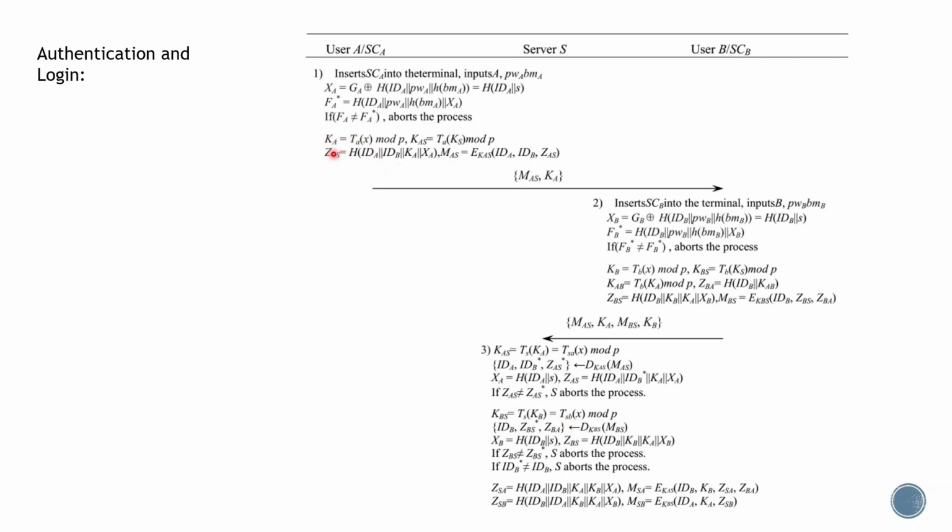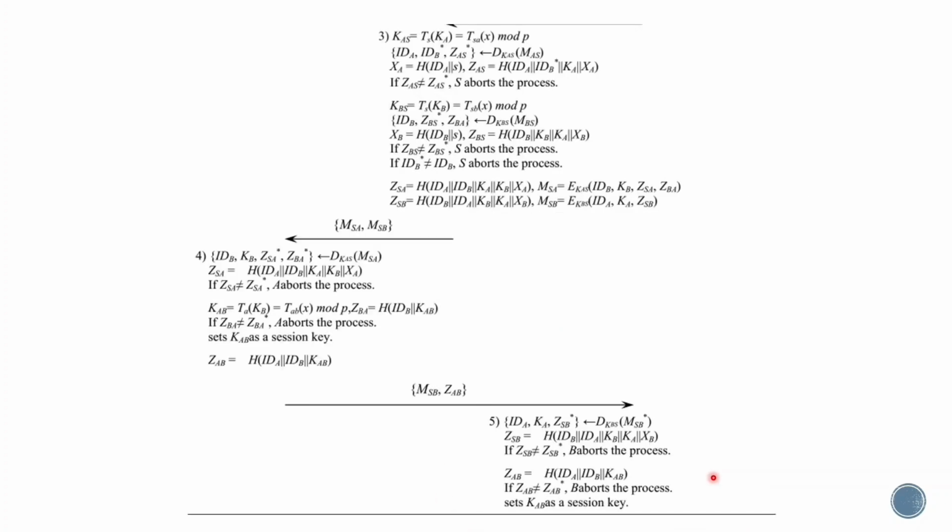In the beginning they calculate their own key and some other temporary values like ZAS, this is a temporary value, ZBS, this is a temporary value, etc. The server also computes similar kinds of calculations, which I won't be going into the details of.